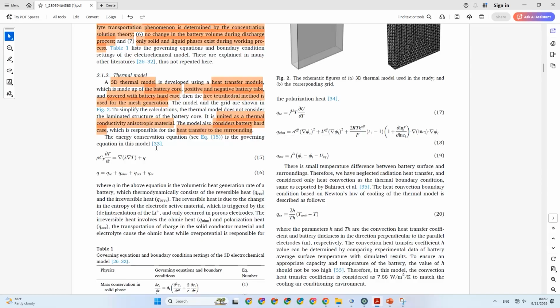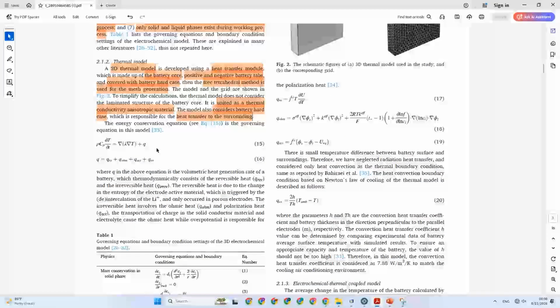The energy conservation equation is the governing equation in this model.